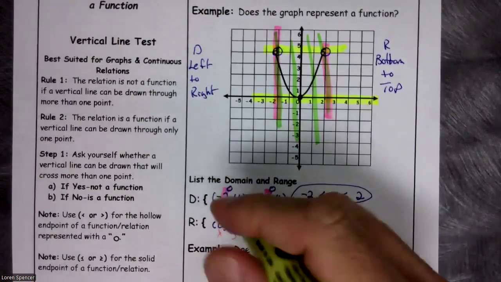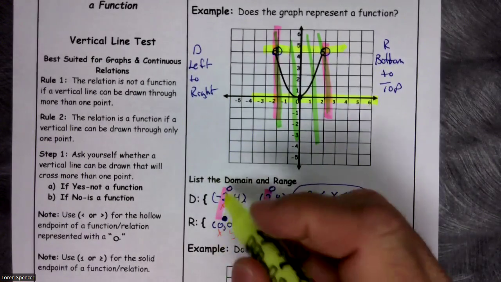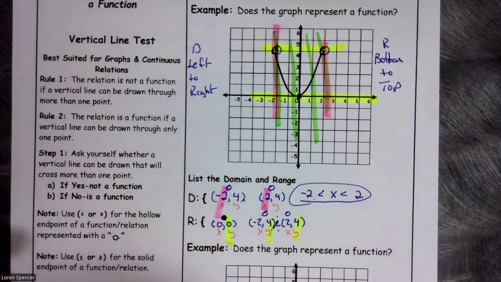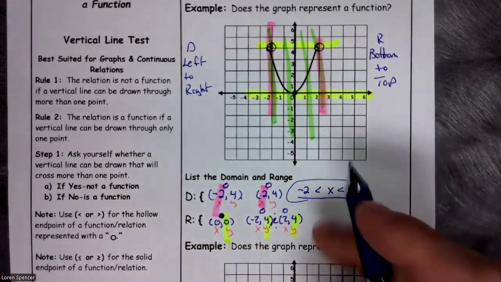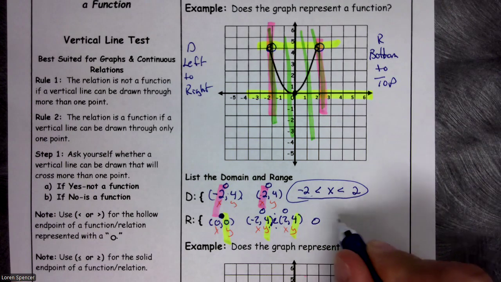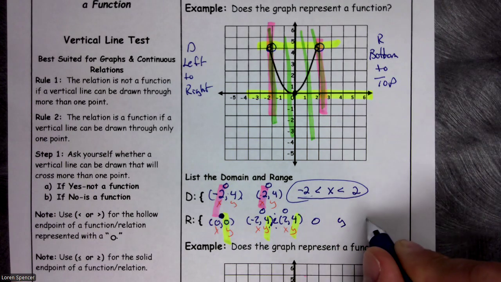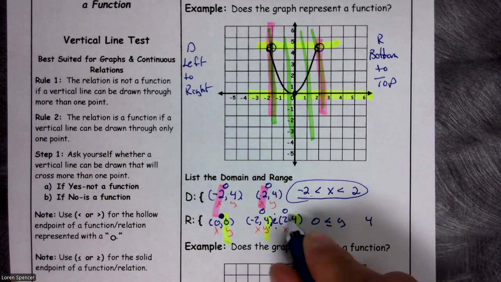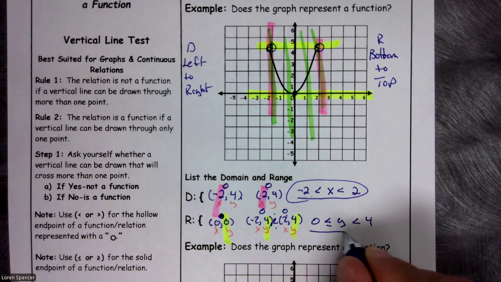All we care about is the Y values. And we go, oh, well, this one is 0, and these two are the same, so it doesn't matter which one we choose. So 0, Y, 4. This one has a solid, so it's a less than or equal to. This one has a hollow, so it's a less than.